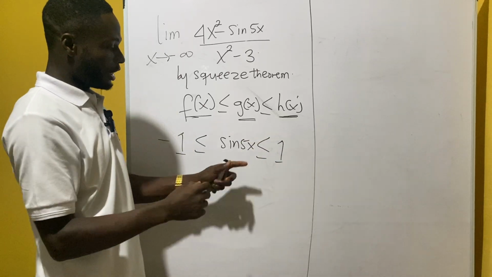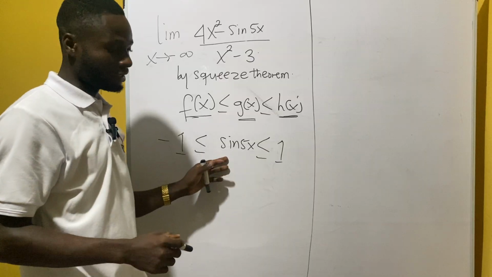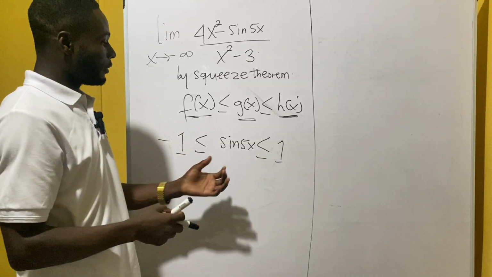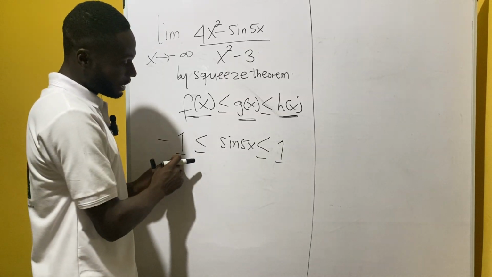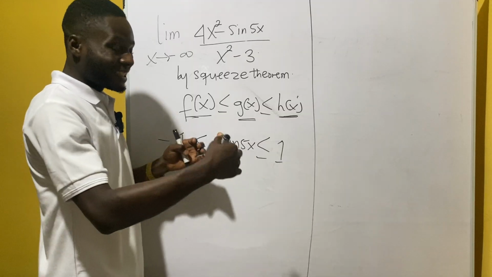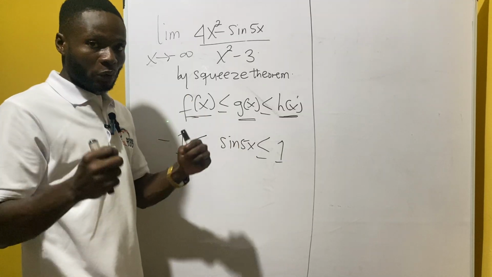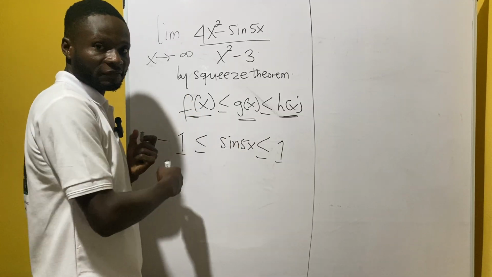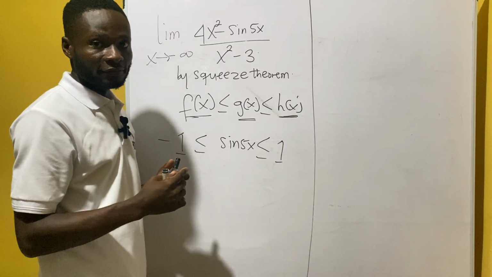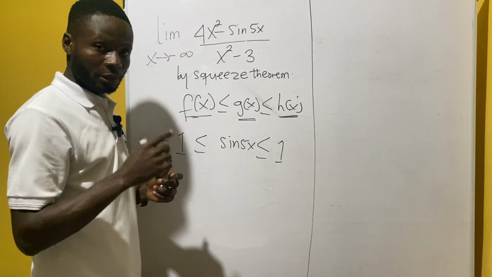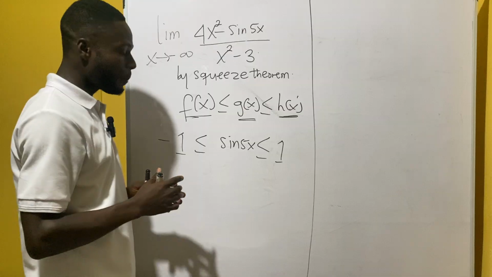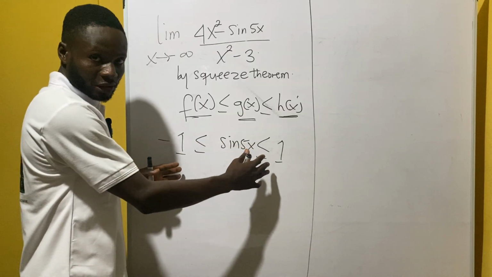I'm going to write the function right away because we know what it is. So sine is always bounded below by -1 and above by +1.